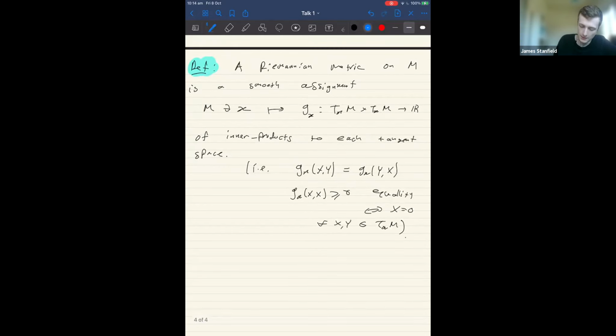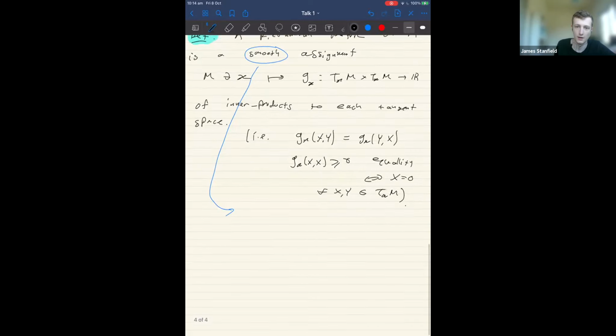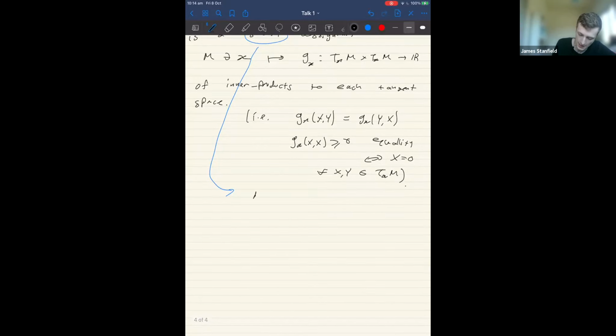Okay, so what do I mean by smooth? Well, you could think of this as a section of a tensor bundle and talk about smoothness that way, or if you don't want to worry about that yet, we can just say that the map sending x to g_x(X_x, Y_x) is smooth for all vector fields X and Y. Okay, so we have sort of a smooth assignment of inner products.